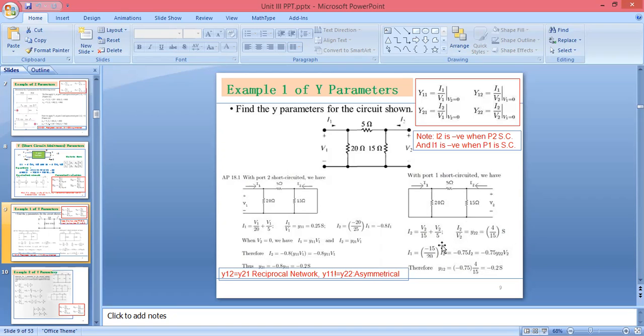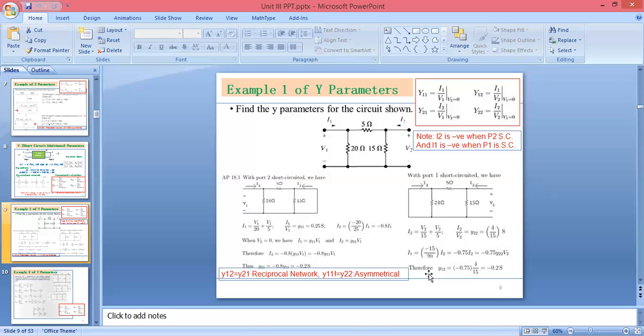Again, you are supposed to calculate Y12. How will you calculate Y12? You will require I1 and V2. You can apply the current divider rule again here. So you will get minus 15 upon 15 plus 5, that will be 20, into I2, because you are calculating I1, which will flow through the 5 ohm, and we have the total current I2.